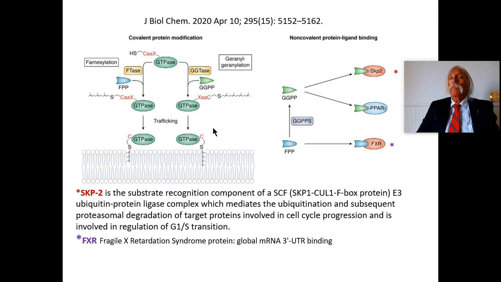It was first described in humans. And that protein is a global messenger RNA untranslated region binding protein. It binds the 3' end of messenger RNAs. Now that's going to have something to do with mRNA stability. And when you alter mRNA stability, you alter its translatability.